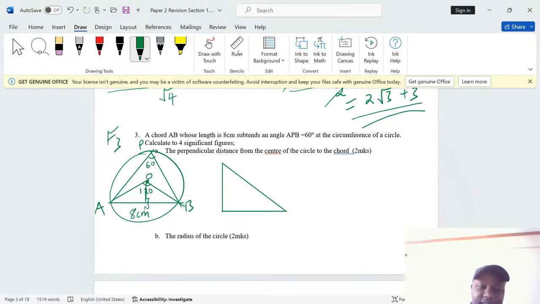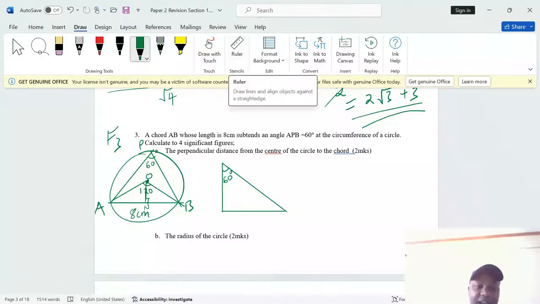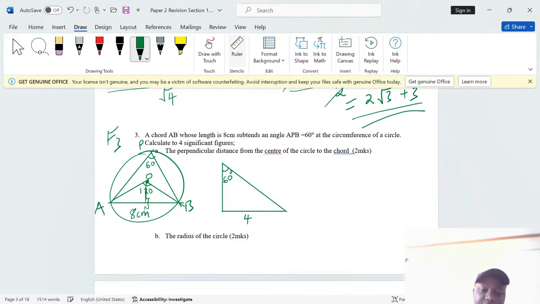If I extract the triangle, I'll have 60 degrees at this point because I have bisected the angle at the center. Again, I'm going to have 4 centimeters here because I have bisected the length AB to have point N. So now I need the length which is unknown, the height ON.